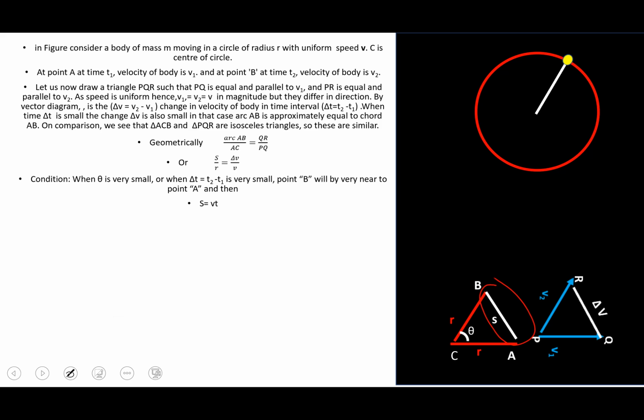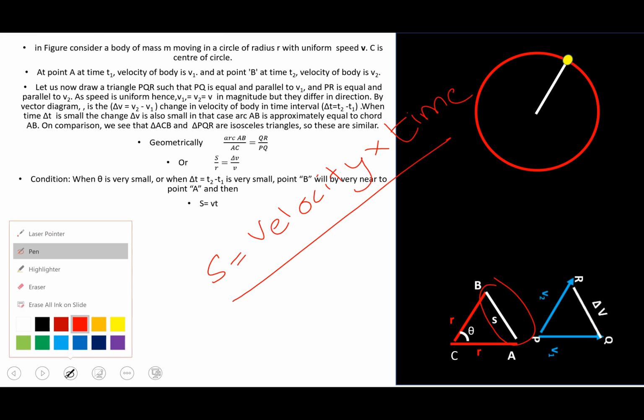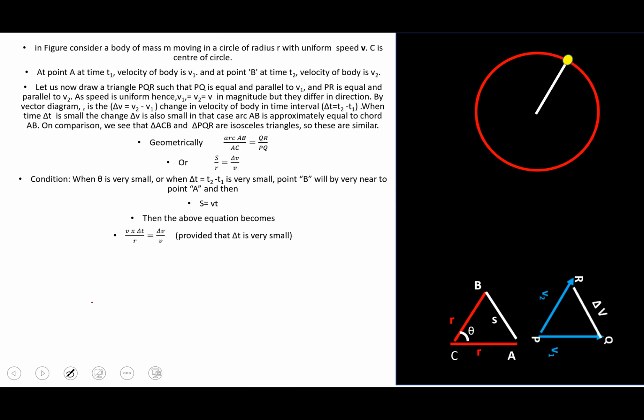It is a straight line, and that can be represented as S is equal to Vt. That means distance is equal to velocity into time. We have that formula. So the above equation becomes: S, or distance, is equal to velocity into time.